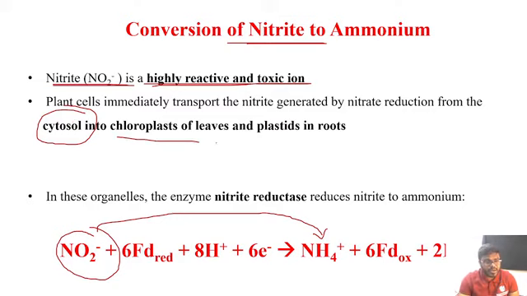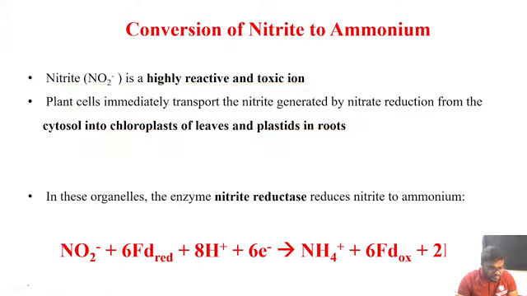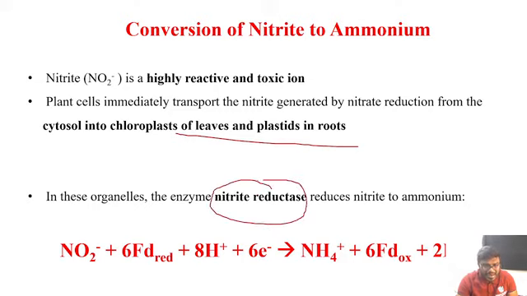From the cytosol, it is going into the chloroplast of leaves and to the plastids in the root. Now you can ask me, but why is it going there? The reason is that the nitrite reductase enzyme is present in the chloroplast of the leaf. It is present in the plastids in the root. That's why it has to go there.